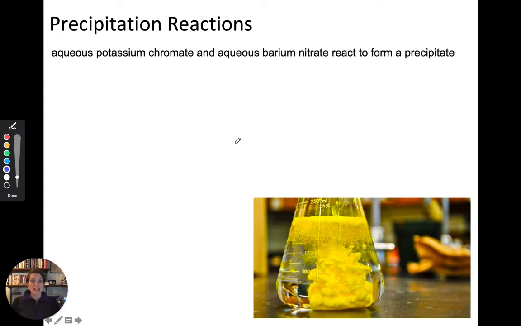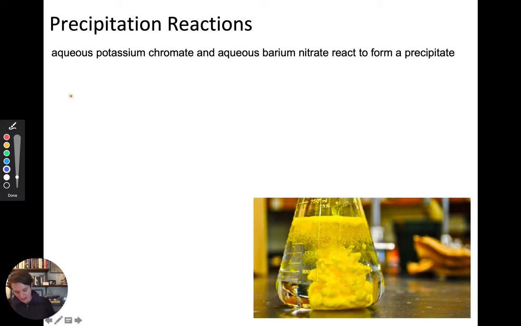So if that's the case, and in fact it is, both of these species are strong electrolytes, and we'll see very soon how we can evaluate if they will or will not be broken apart in water, or soluble in water. The question is, what is the identity of this?